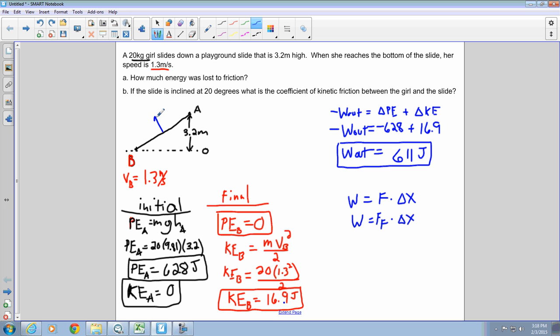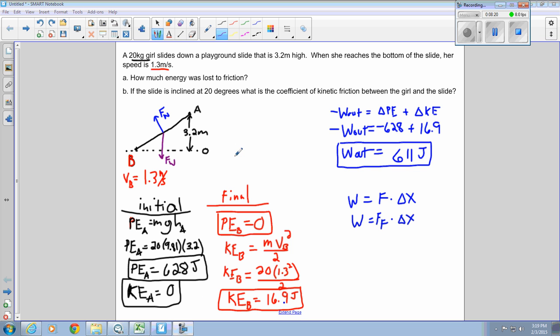And that's where we've got to figure out what this force normal is that's acting on the girl. That takes us back to our Newton's laws and determining what the force normal is, because our force weight is acting straight down. That's our force weight. That's a terrible color choice.